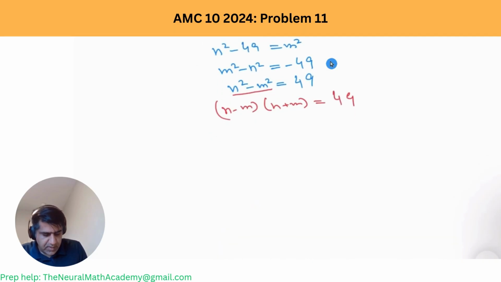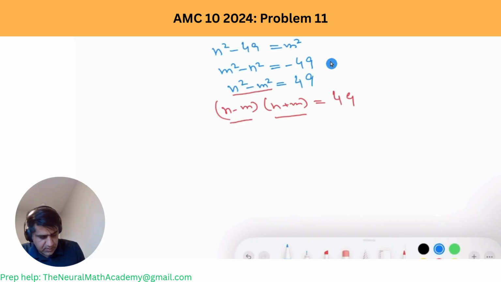From here we can see what ordered pairs will satisfy this equation, and those are the ordered pairs possible for m and n. However, we can make one observation: n plus m is greater than or equal to n minus m. We need to keep this in mind. Based on this, we can see what pairs are possible.